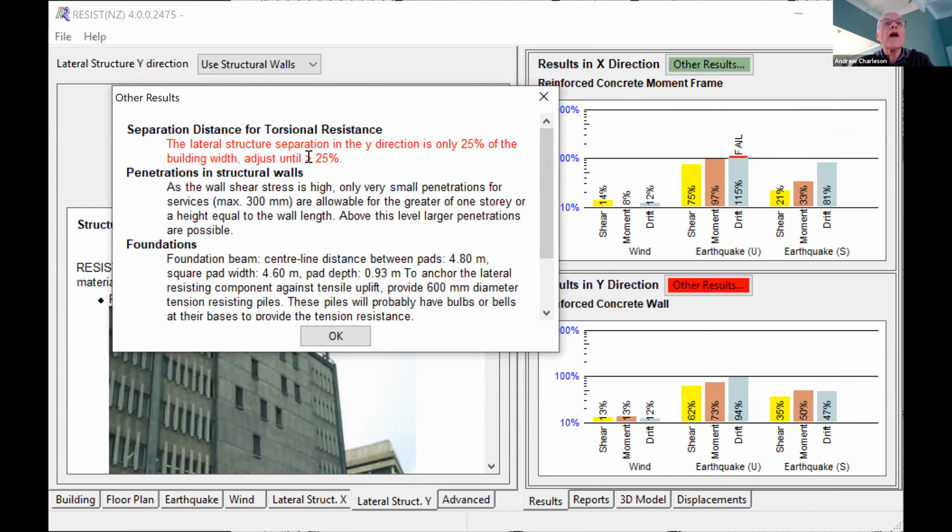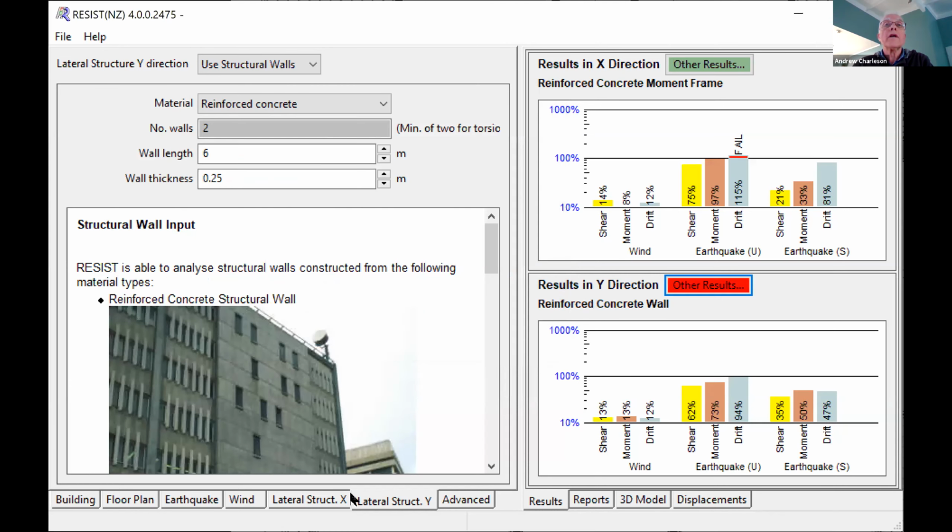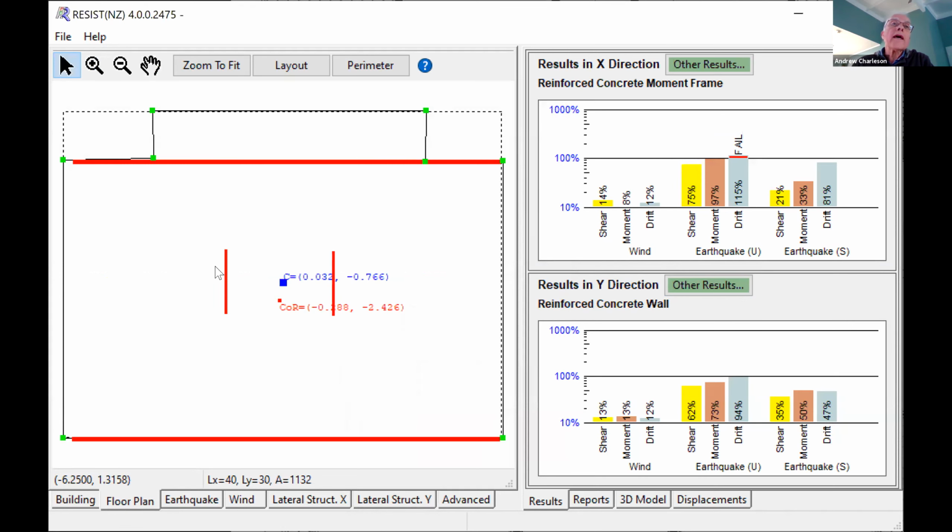Adjust until it's greater than 25%. So what that is saying is that I've got to move these walls a bit further apart to get better torsional resistance.